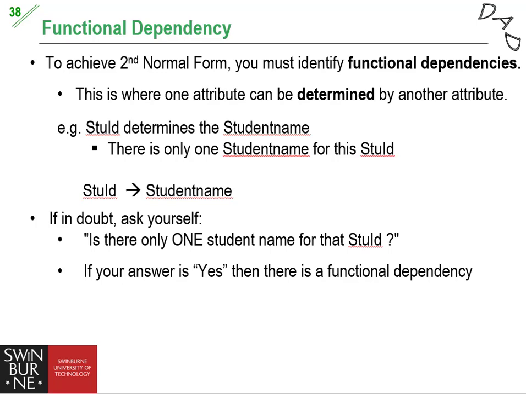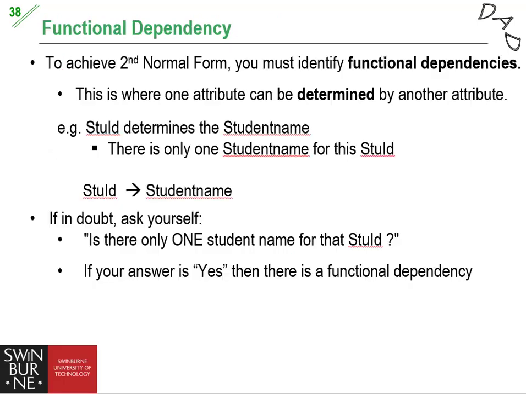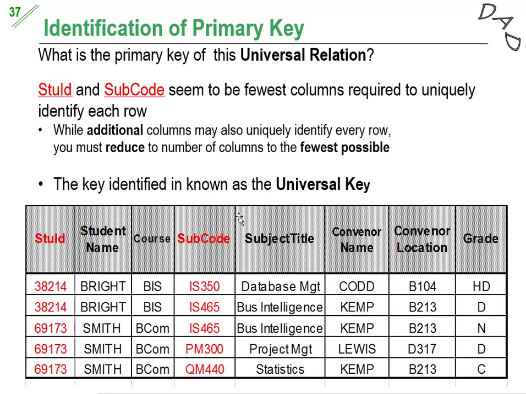if you think about this example, student ID and subject code, some columns depend on the student ID and some columns depend on the subject code. So we can say something like this: student ID determines the student name, right?